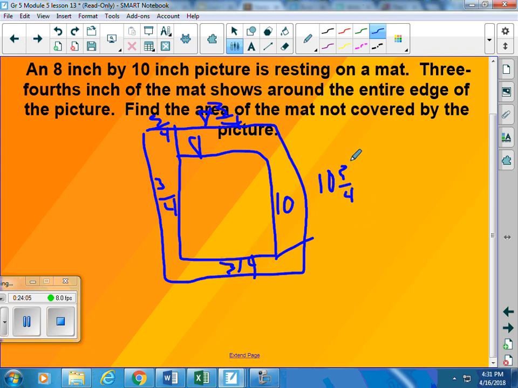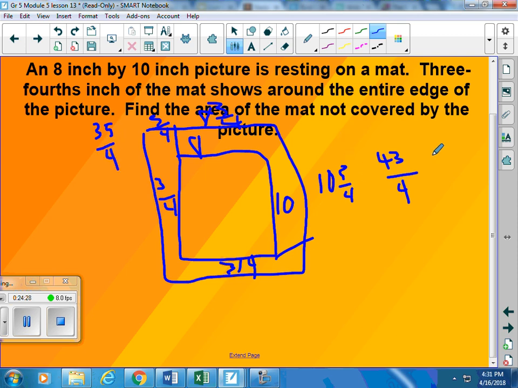10 times 4 is 40 plus 3. 43 over 4. And here I have 8 times 4. That's 32. 32 plus 3 is 35 fourths.